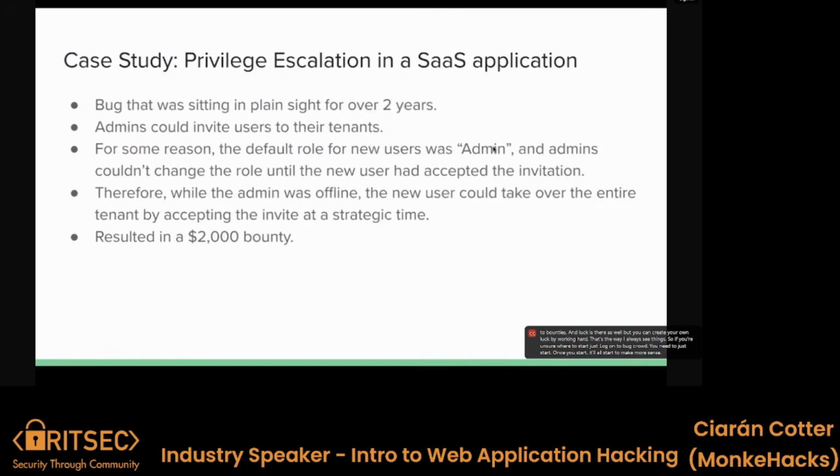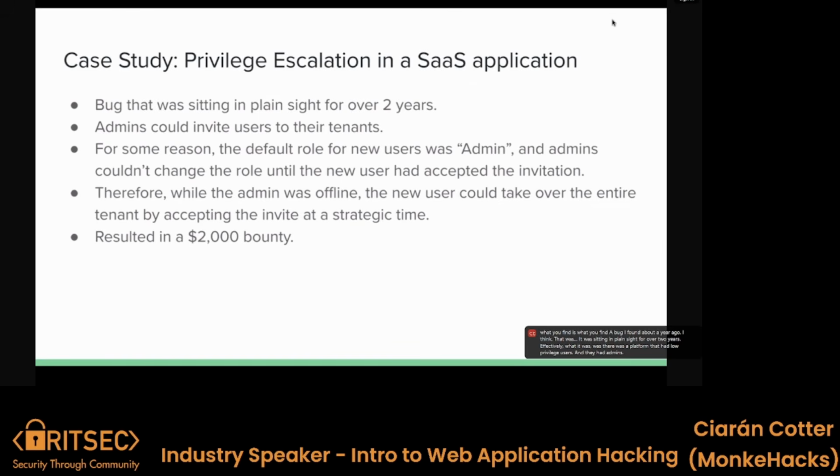And so just a case study of how creativity tends to impact what you find is a bug I found about a year ago, I think, that was sitting in plain sight for over 2 years. Effectively, there was a platform that had low privileged users and they had admins.